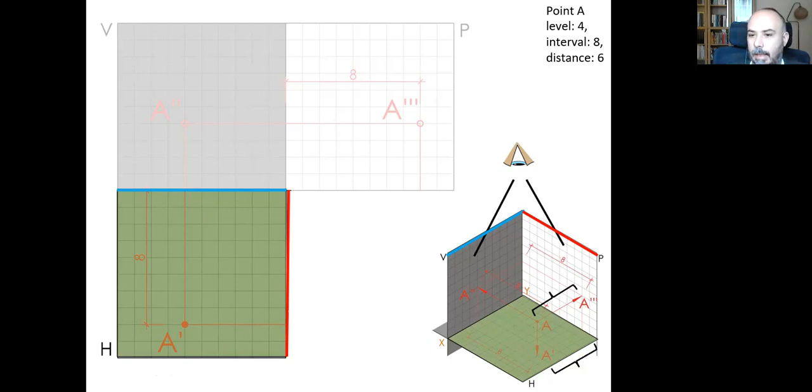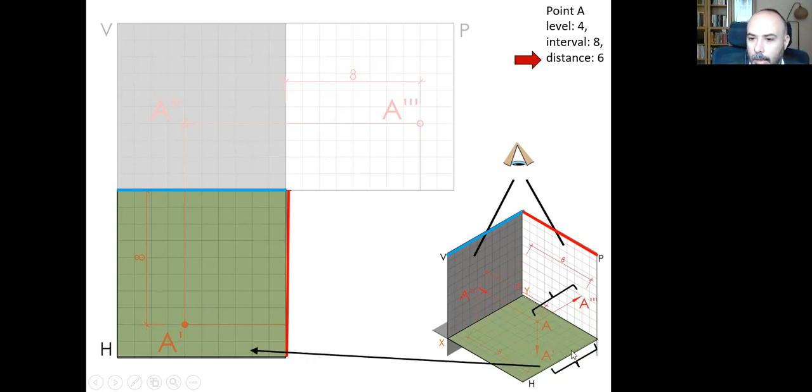This length here, it is the distance, and I know that it is equal. The perpendicular length between A and A triple prime is equal to the perpendicular length between A prime and the profile projection plane.